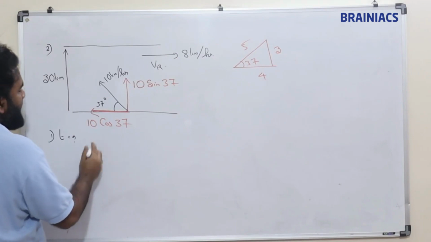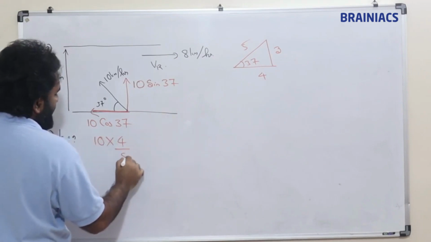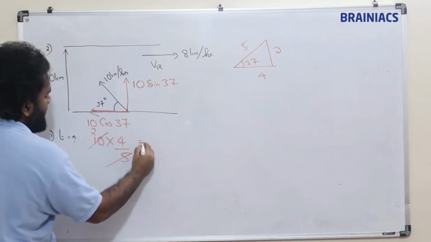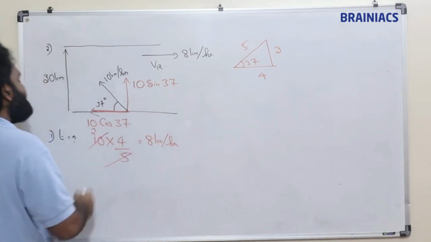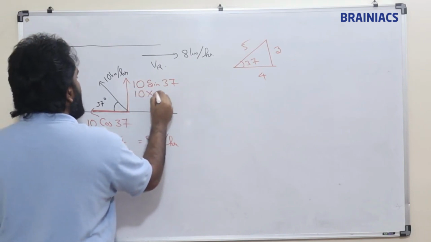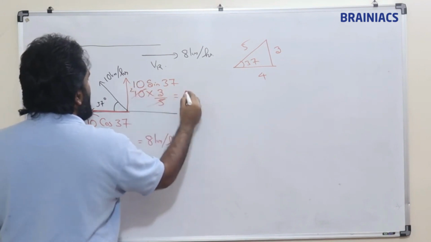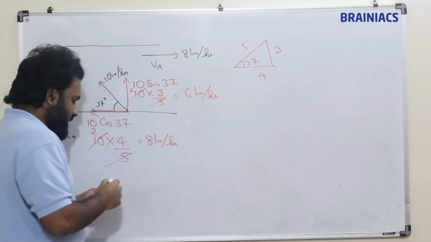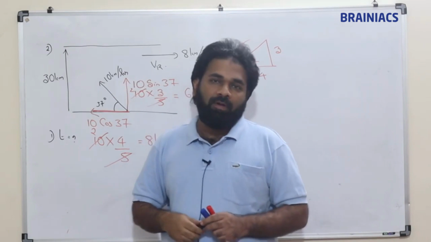So 10 cos 37 means 10 into 4 by 5, so this cancels off and is 8 kilometers per hour. And here, this is 10 into 3 by 5, so we get 6 kilometers per hour. So we got the vertical component of velocity.